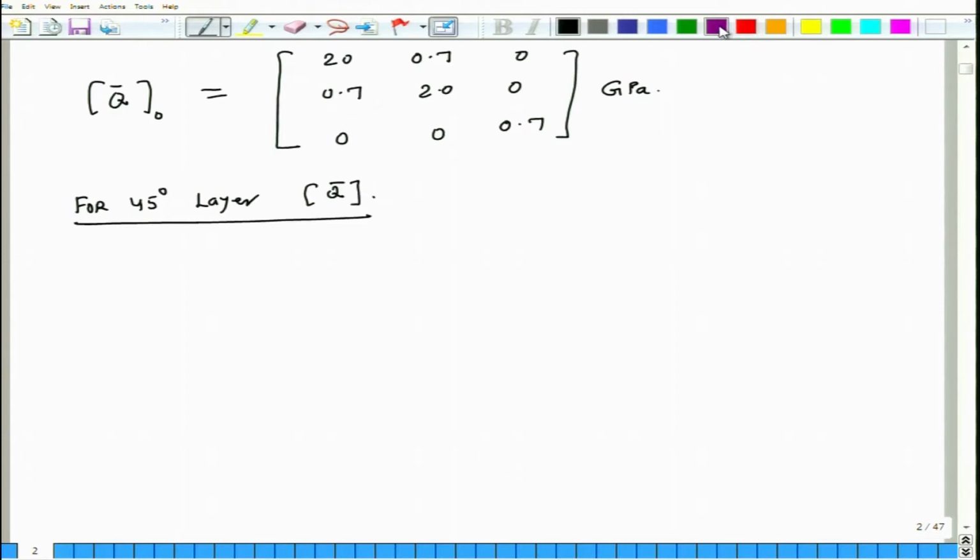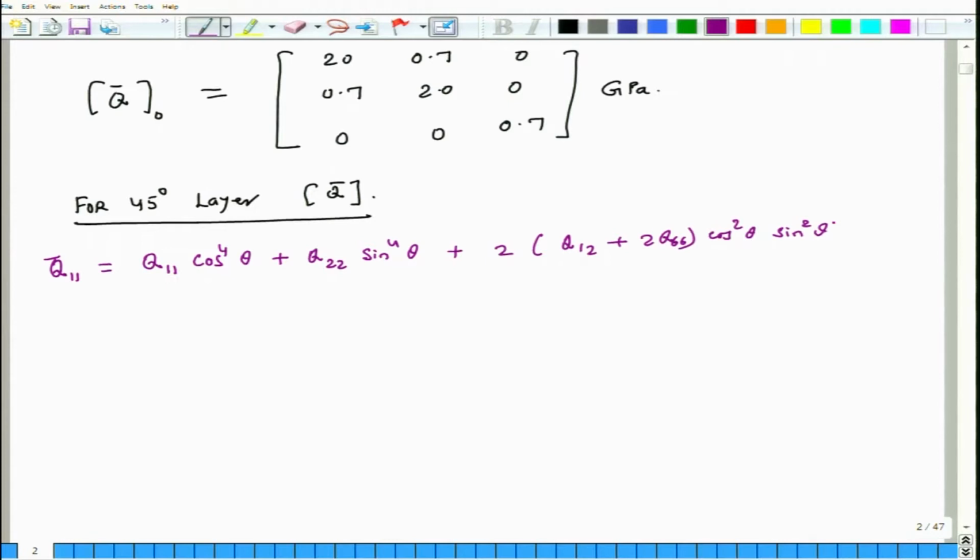First we calculate Q11 bar. So, Q11 bar is Q11 cosine 4 theta plus Q22 times sine 4 theta plus 2 times (Q12 plus 2 Q66) cosine square theta sine square theta, and theta is 45 degrees.